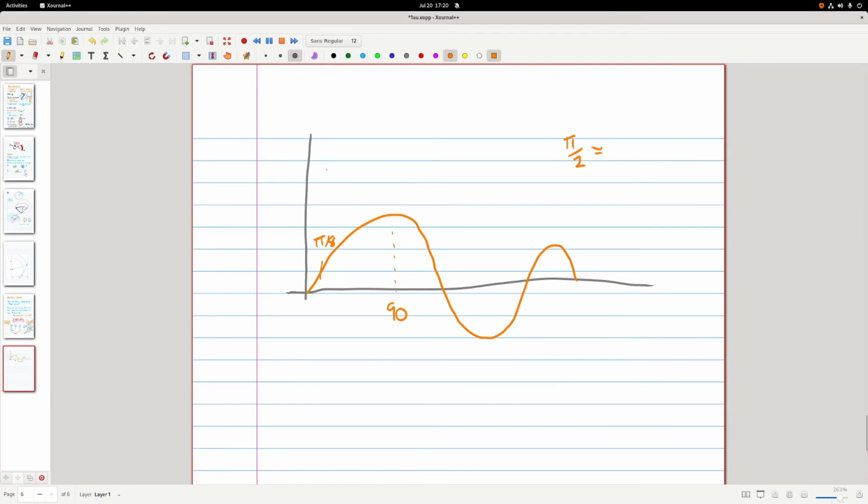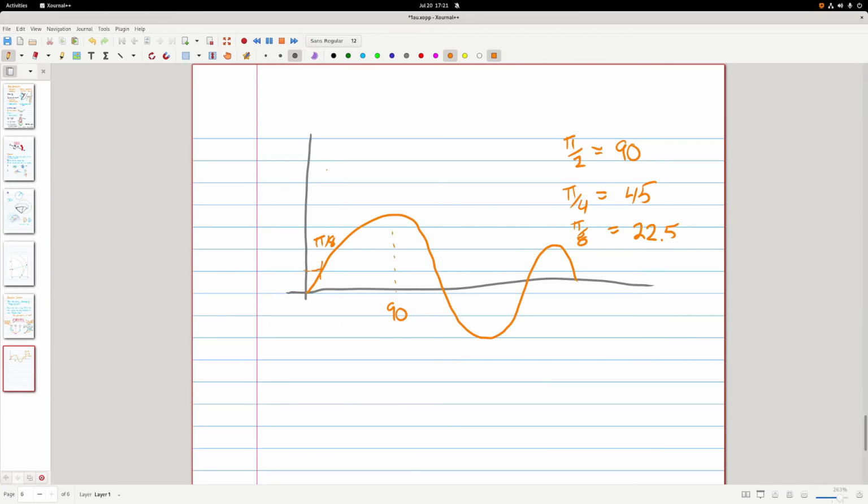One sec, pi by 2 is 90, pi by 4 is 45, so then pi by 8 is going to be 22.5. Okay, so what is this value going to be?